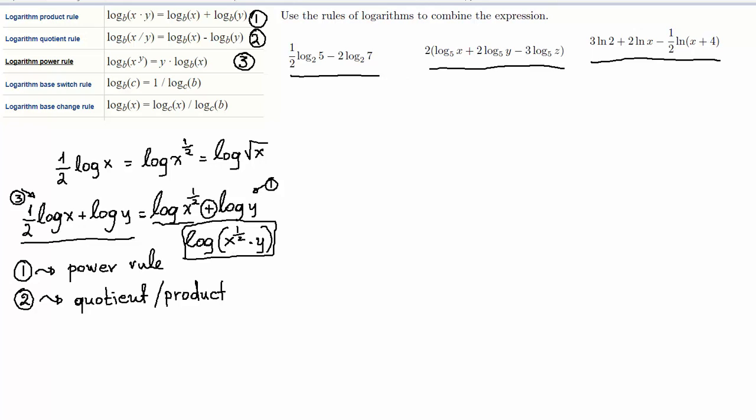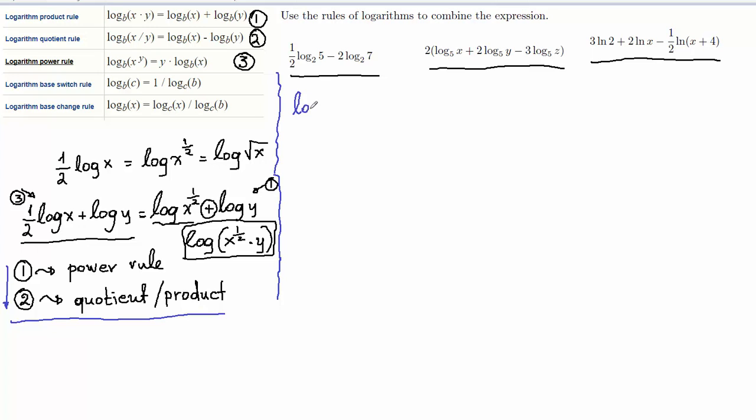Now, let's look at the other problems, the ones that I have already given here for you. I'm going to focus on the first one, which is a little bit simpler. Remember that this is the priority that I should follow in order to apply my rules. Right here I have 1/2, a constant that is multiplied by the logarithm.